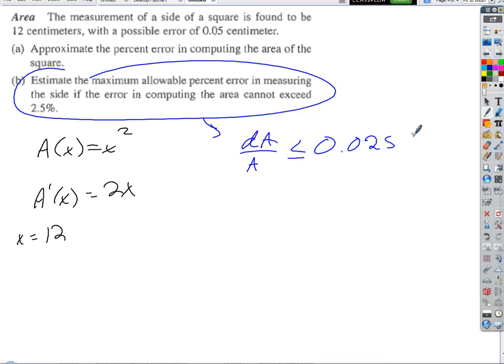Okay, so then all we've got to do is say, here we've got some pretty simple expressions for A, and dA would be what? If A prime is 2x, then dA is just going to be 2x dx.